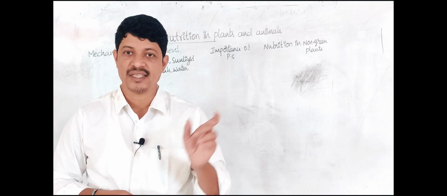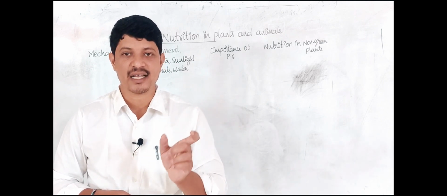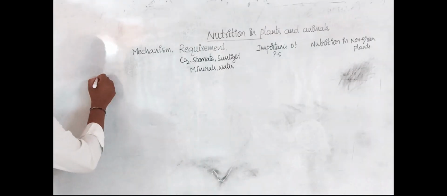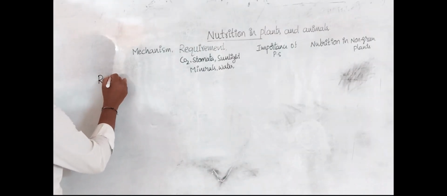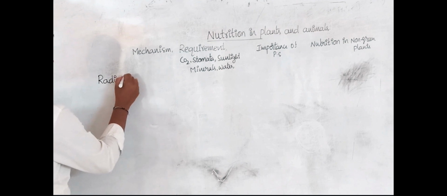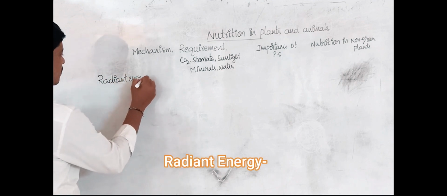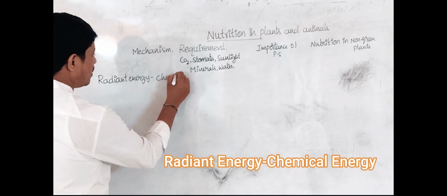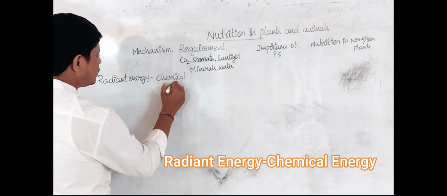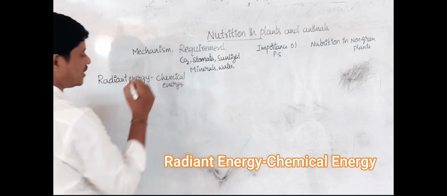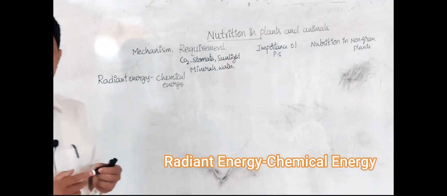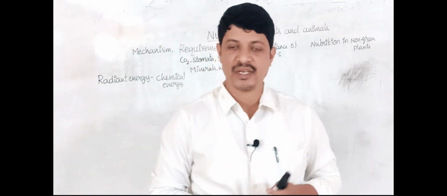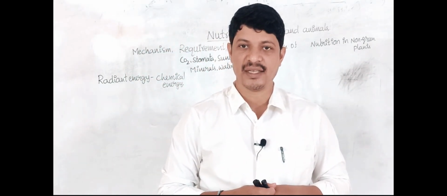In this process, the radiant energy is converted into chemical energy by sunlight. So this process is known as the photosynthesis process, right?